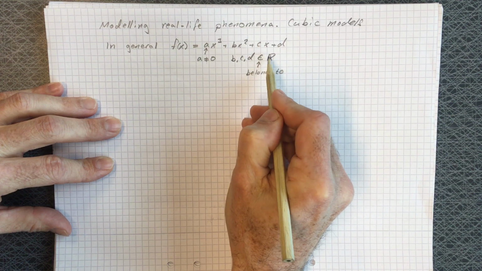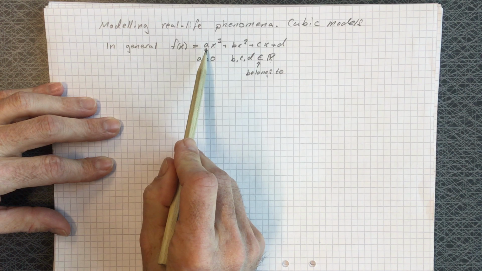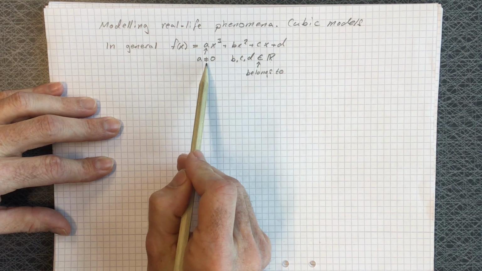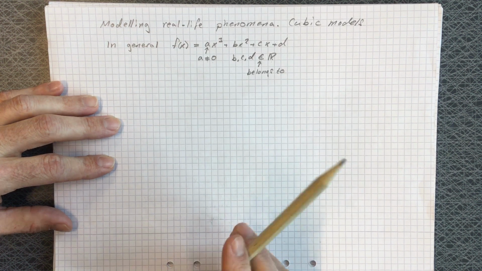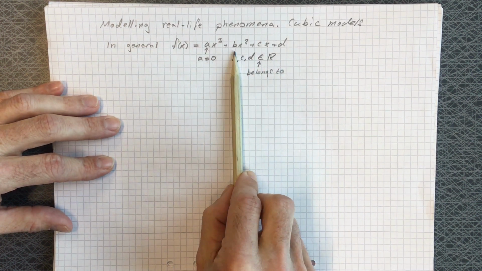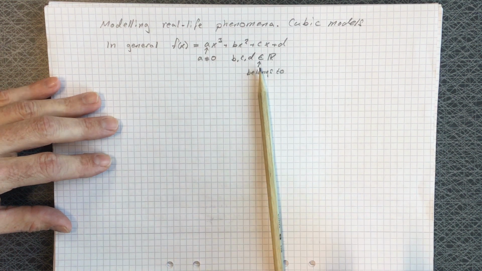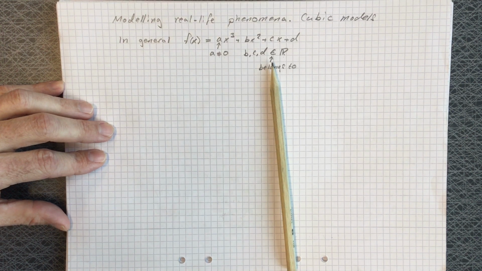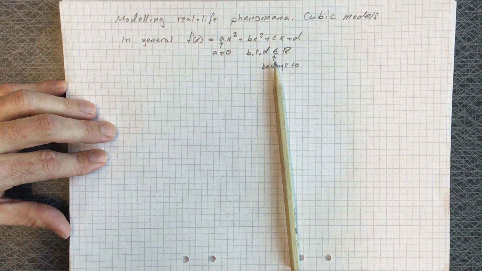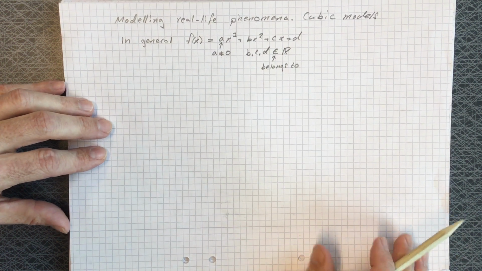An R with an extra line like this. The real numbers. So a is also a real number except for 0. Then we say this is a cubic model. So b and c and d could be 0. That's okay. So in the first example I will show you where we use cubic models in real life, b and c and d are 0.